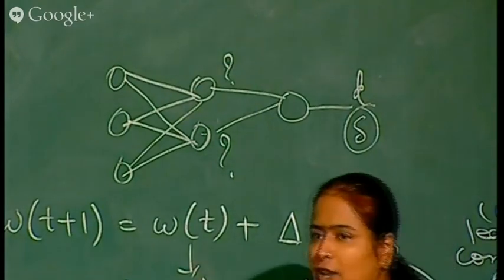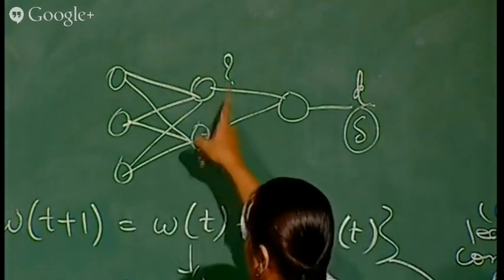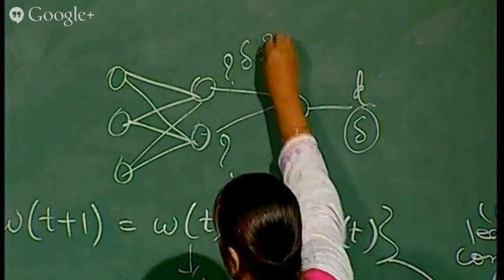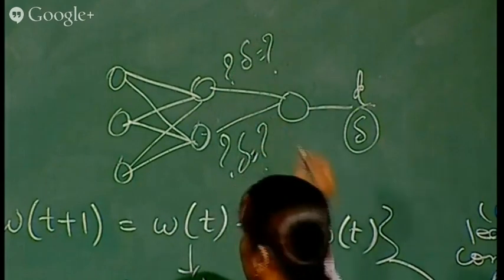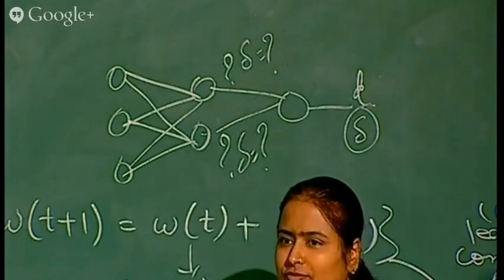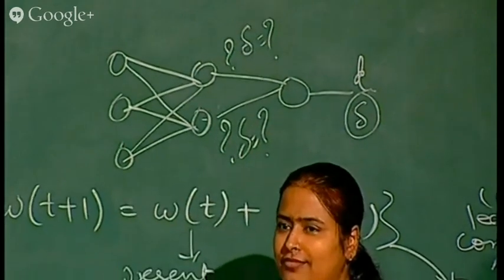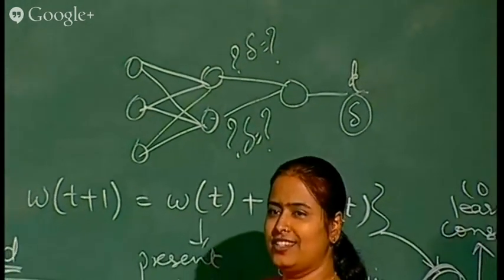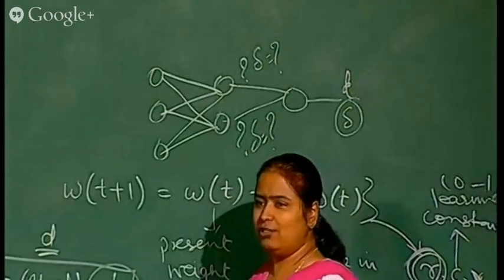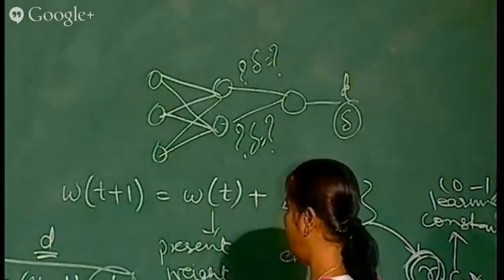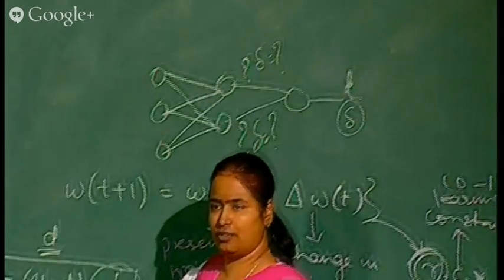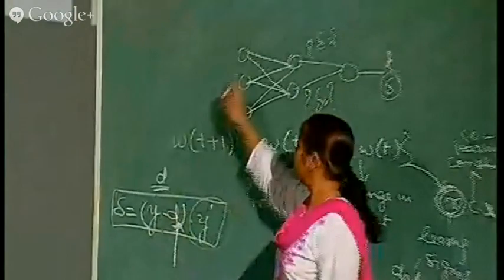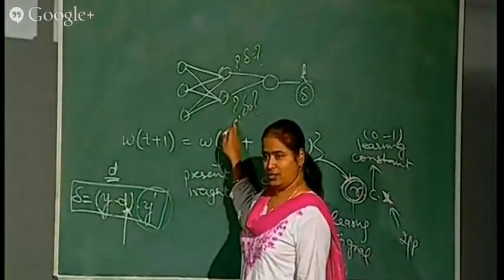So how do we calculate delta here? What is the value of delta here? We can't calculate delta here, because for the delta we need the desired output, and we don't know the desired output at the output of these nodes.